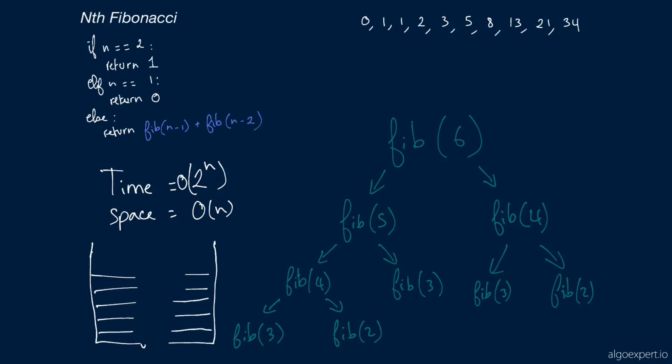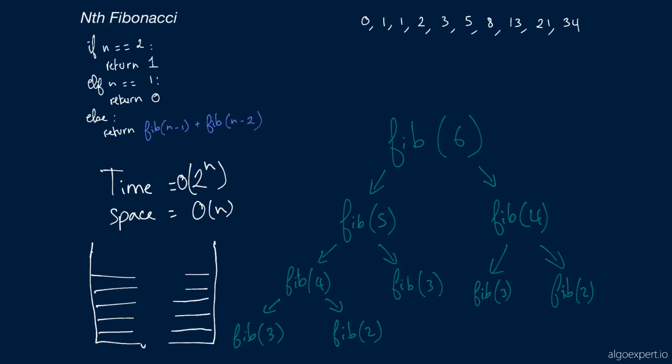But because we have at most n frames on that call stack at any given time in the algorithm, we are storing at most O of n space on that call stack. And so that's where this space complexity comes from. So that's the space-time complexity analysis of this first recursive solution.